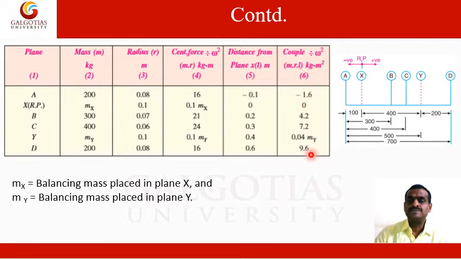So we fill this couple column also: minus 1.6, 0, 4.2, 7.2, then multiplying 0.1 MY into 0.4 we get 0.04 MY. Similarly, multiplying the centrifugal force produced by the D mass into the distance, we get 9.6. So we are completing this tabulation part, where MX and MY are the balancing masses placed on planes X and Y.